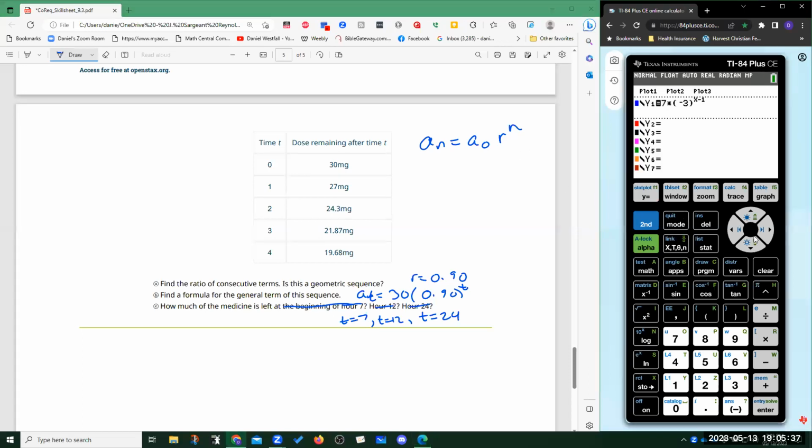So I'm going to come in here and write the formula 30 times 0.90 raised to the x. And I'm going to use my table settings and change this to ask. I'm going to go to my table here and say that I want to let it be 7, 12, and 24.